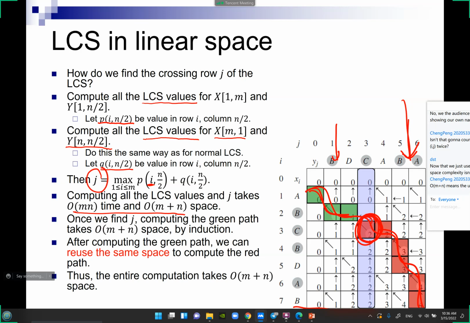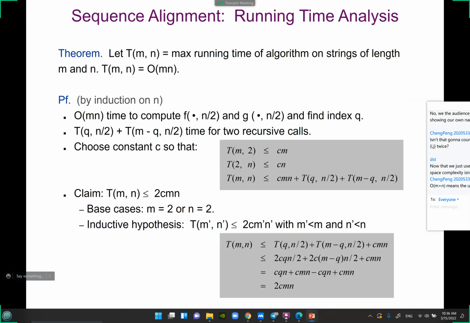Okay, right. So the final part is to show that this actually achieves this linear space complexity. Oh, wait a minute. So this is just the time complexity. Oh, okay.